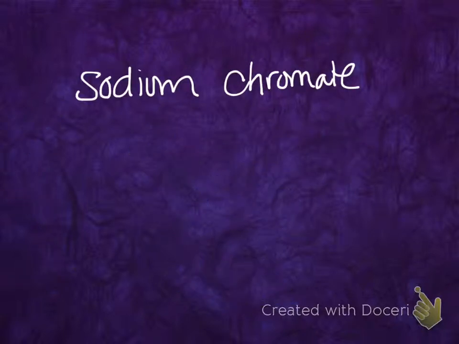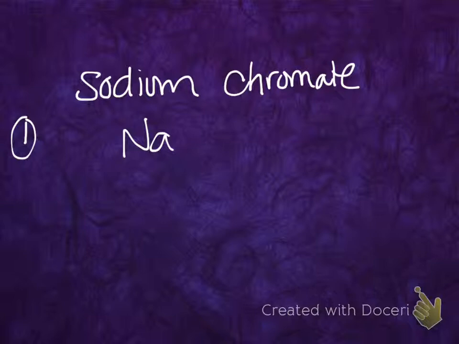Okay, sodium chromate. Step 1, write your ions. Sodium is charge 1 plus. Chromate ion, CrO4, what? 2 minus.